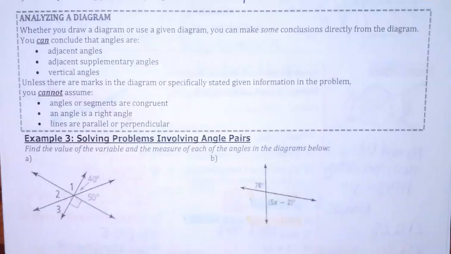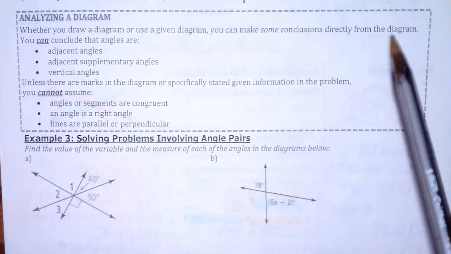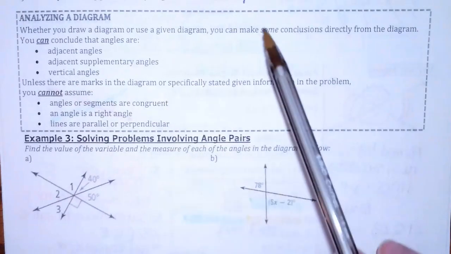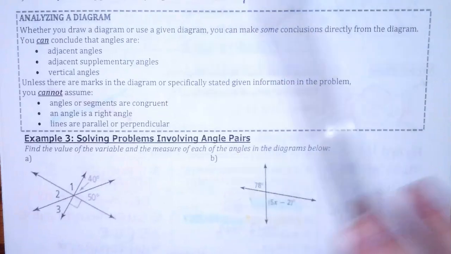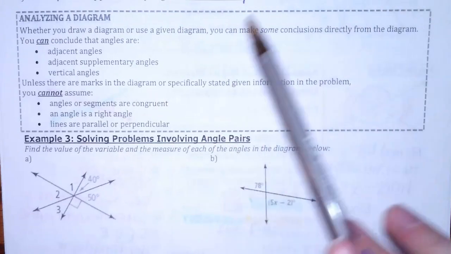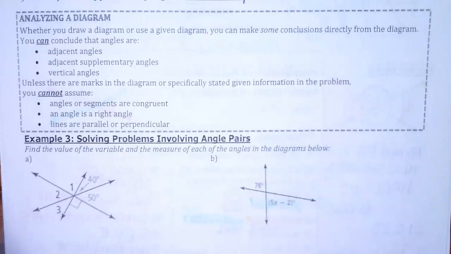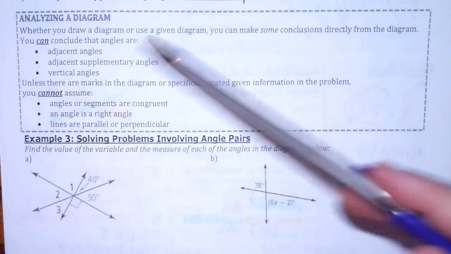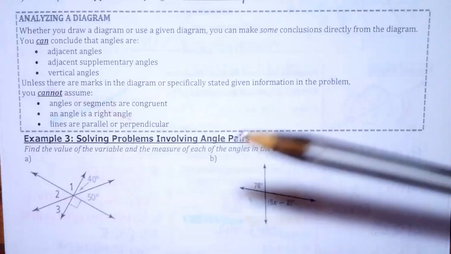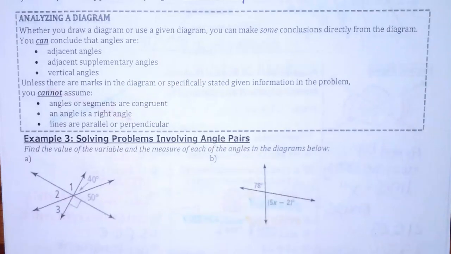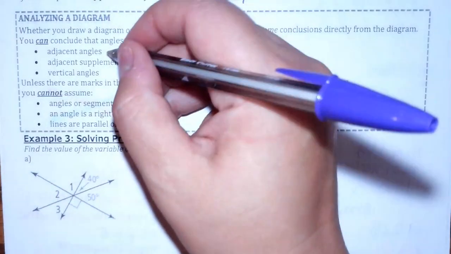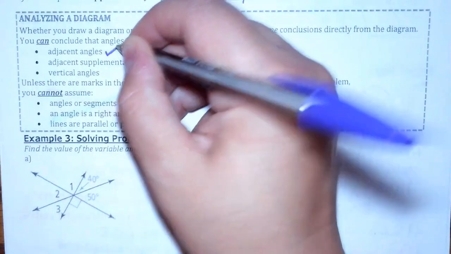Okay, and we're starting to get a little bit more into proofs, so here are some things you can assume from a diagram. I probably should have mentioned this before we started that proof on the front. If you're looking just at a diagram that's given to you, there are things you can say from just looking at it, which are what I have here, and then things you cannot say. So this is important to go over. You can see from a diagram if angles are adjacent to each other, if they share a ray.